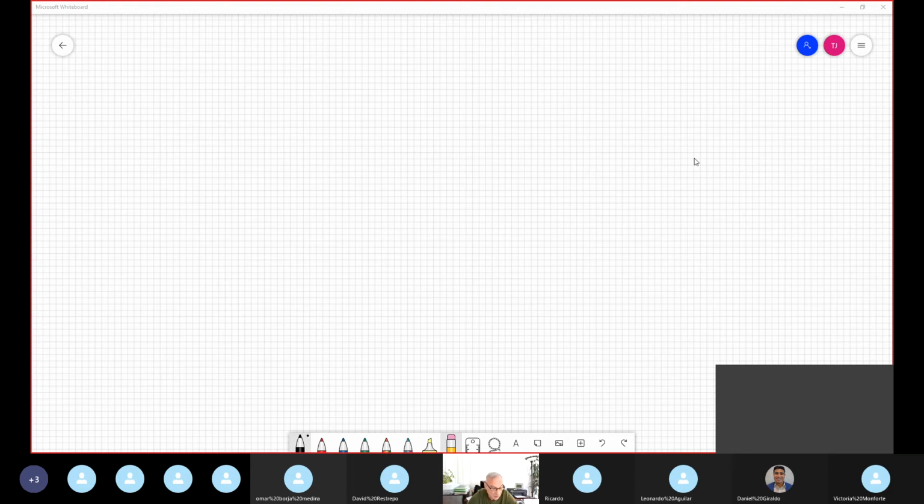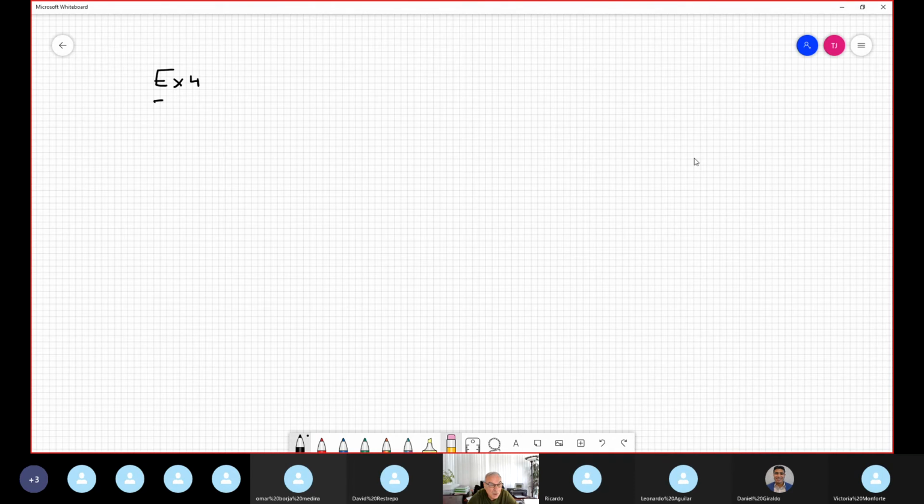Okay, suppose example, the last one. What number is it, example 4, no? Suppose we have a function. I need to optimize, minimize, maximize 2x plus 2y. By the way, what kind of surface is it? You will see it after in GeoGebra.